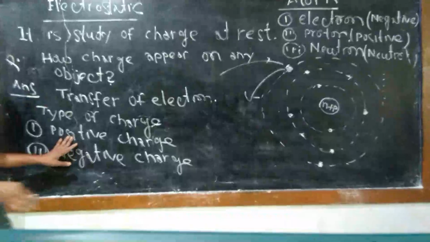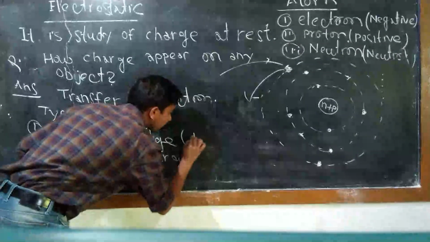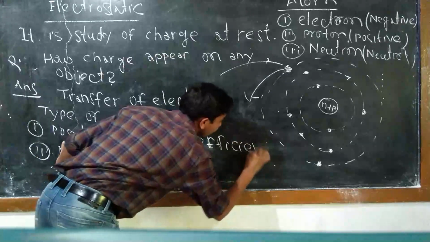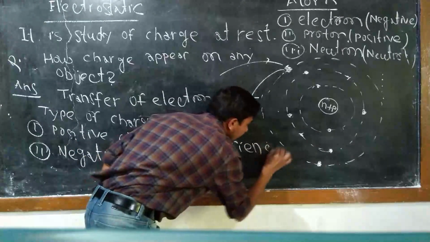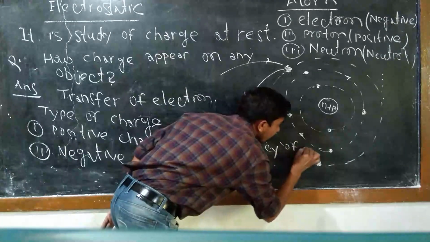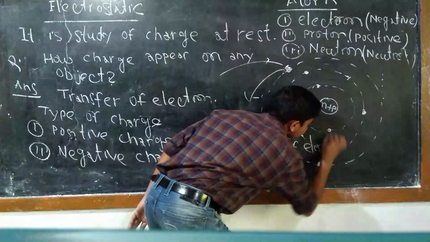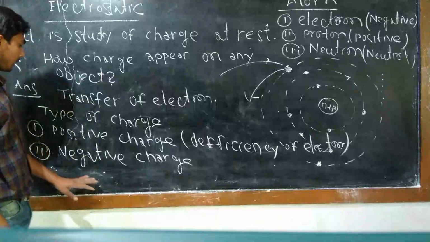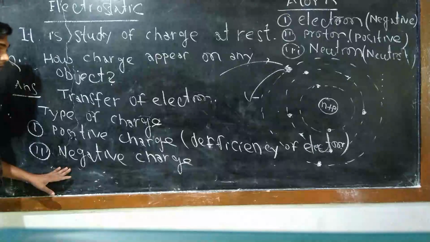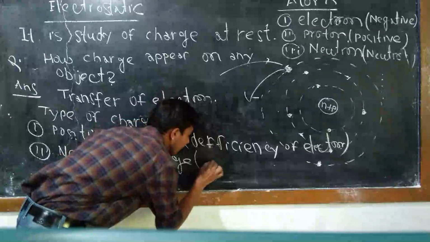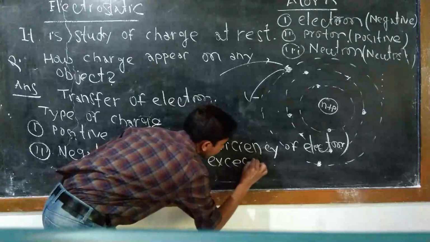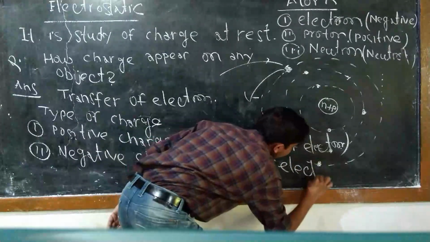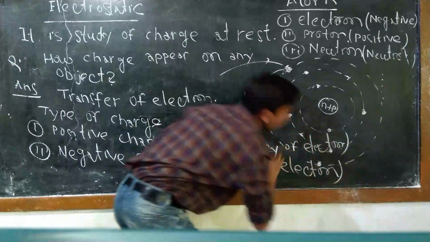You know, due to deficiency of electron. And similarly, how does negative charge appear? Due to excess of electron.